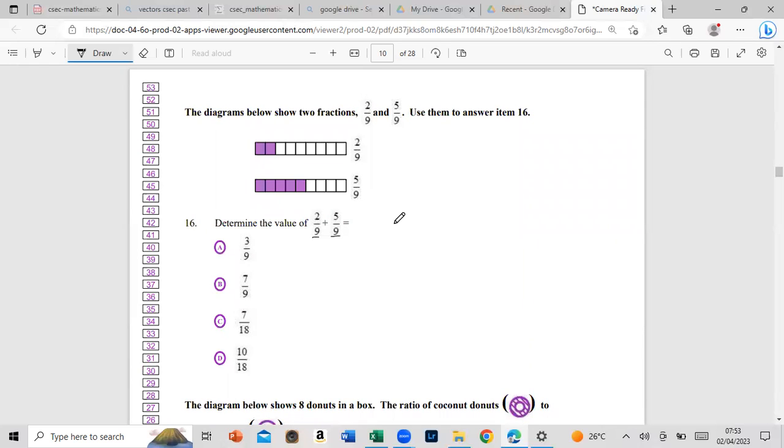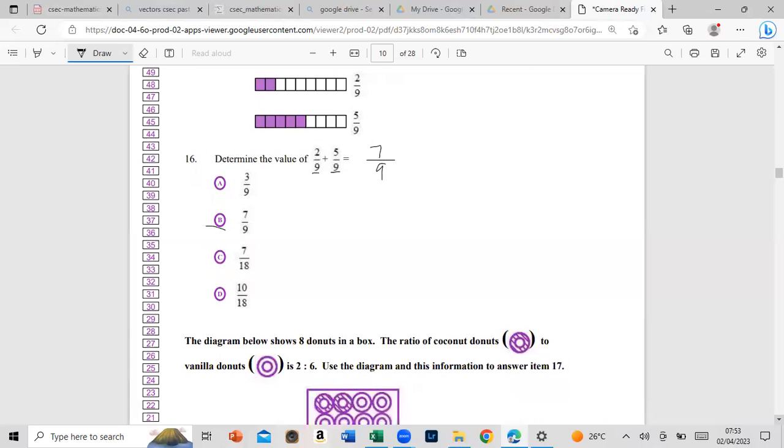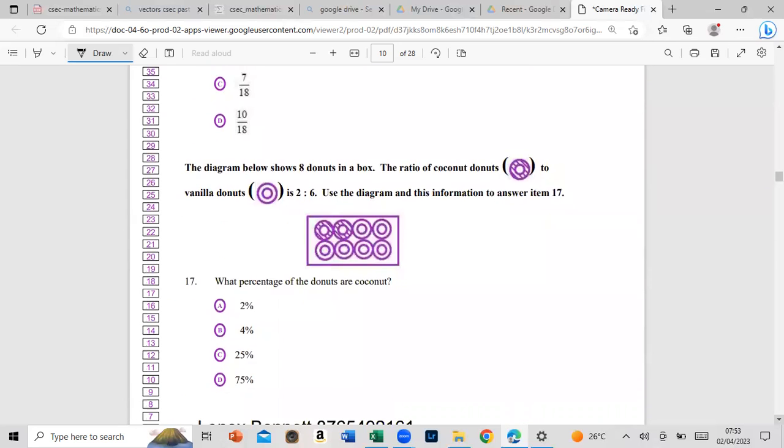So we keep our denominator, which is 9, and then we add 2 plus 5, which is 7. So the sum would be 7 over 9. Don't be tempted to say 18 over 7, alright? You don't add those. So be very careful. Sometimes it can be tricky. Read them carefully, guys. Sometimes I myself have to take a deep breath.